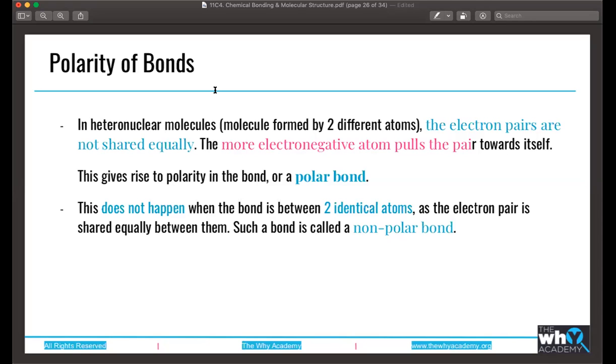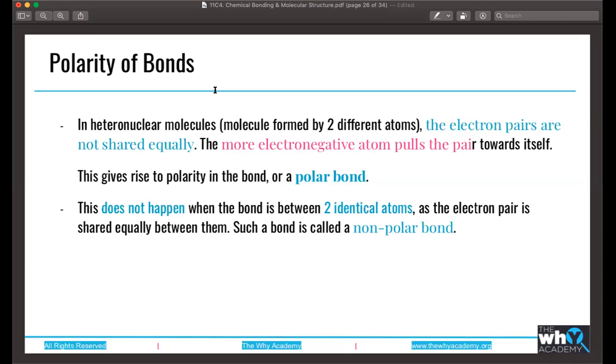I think that's it. Okay. All right. So you guys are aware of poles of the magnet, polarity of magnet, the dipole. What do you mean by dipole and all that? Okay. All right. Now, when we're talking about polarity of bonds, right?